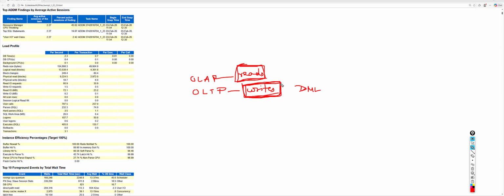Then you need to do your further analysis. Okay, so in OLAP systems there will be a lot of select queries, large selects, large reads. In OLTP, small transactions with a lot of commits and rollbacks.